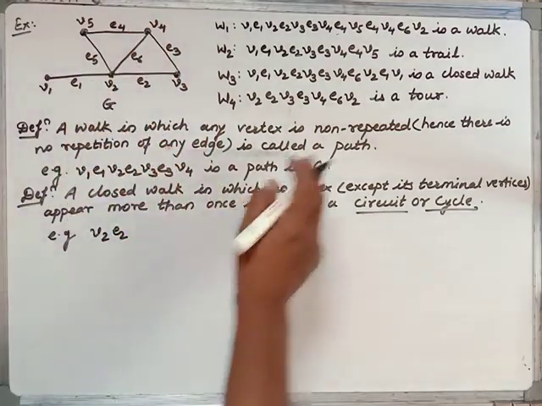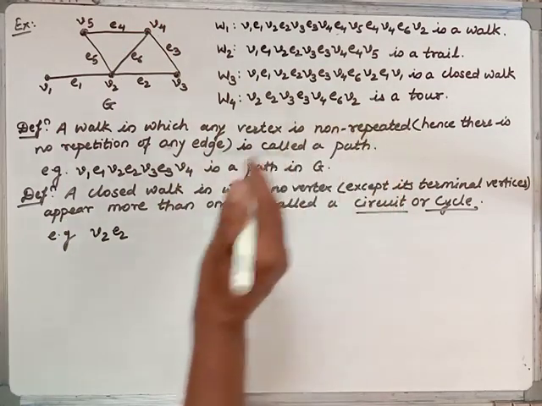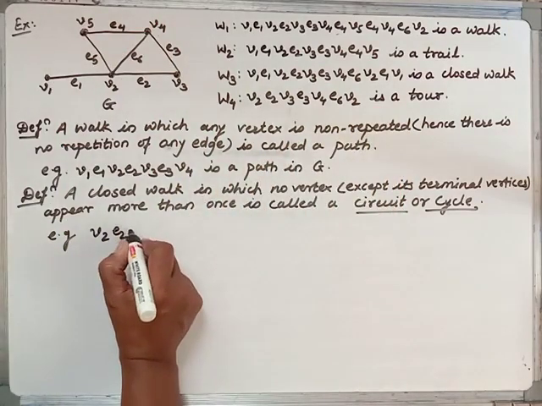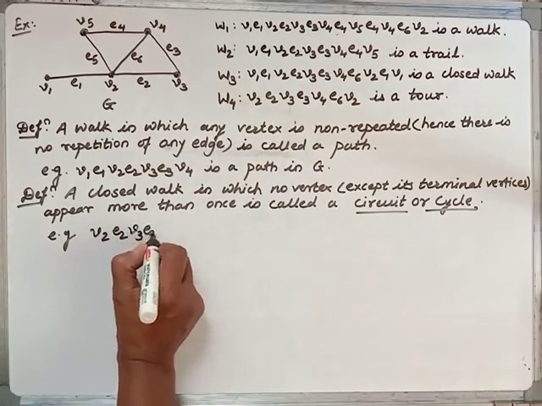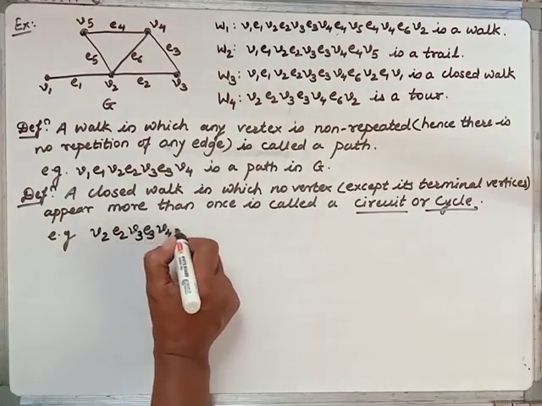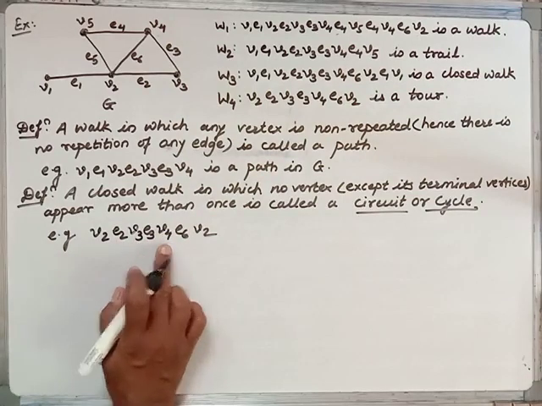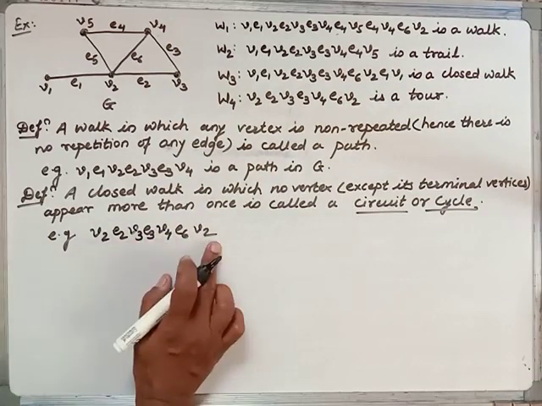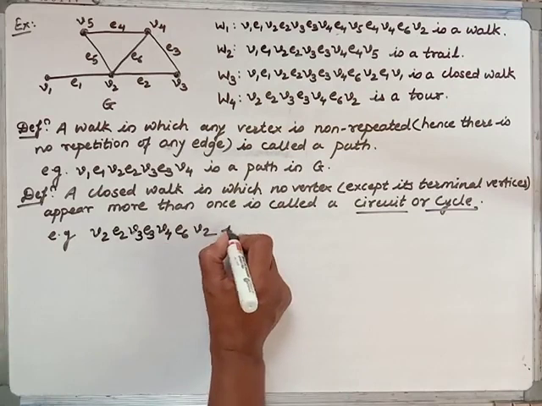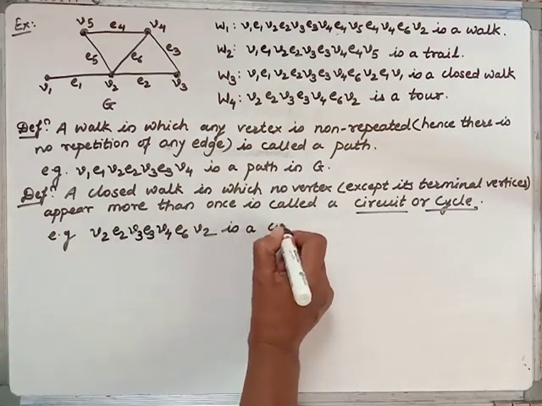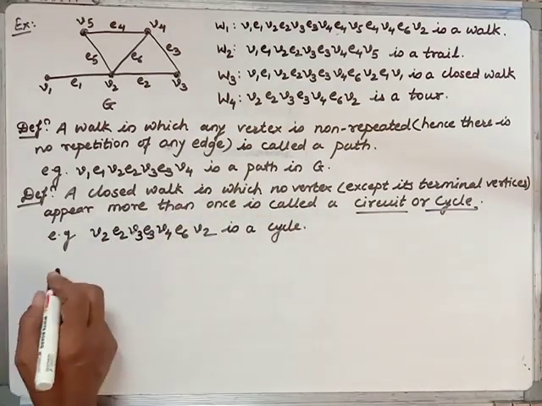This tour is also a cycle. Here no other vertices are repeated, only initial and terminal vertices are repeated. So it is a cycle.